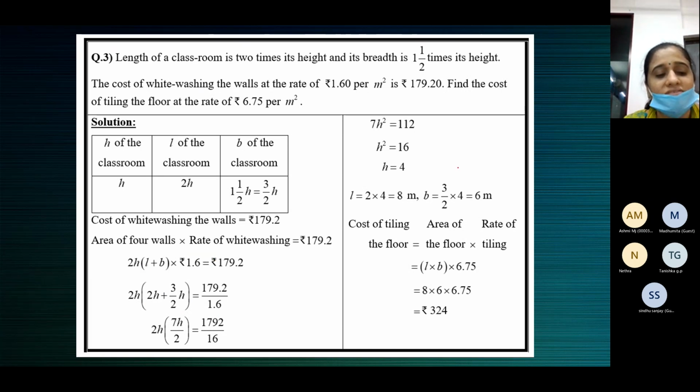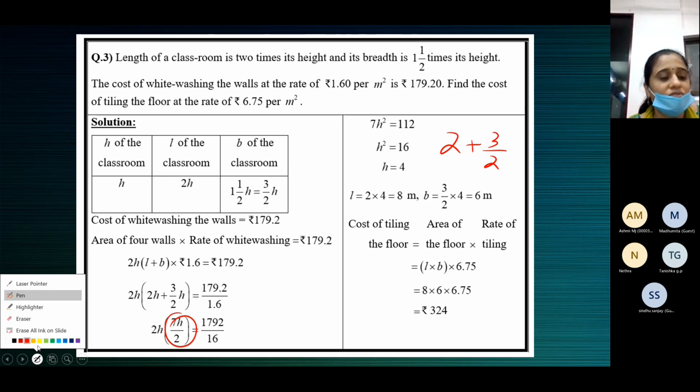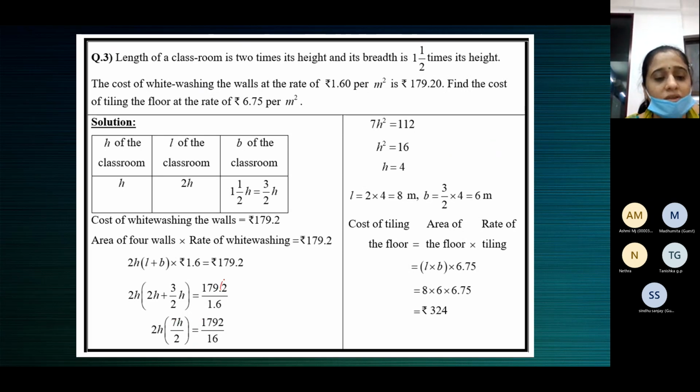Now when you take the LCM, 2 plus 3 by 2 gives 4 plus 3, 7 by 2. So 7 by 2 h or 7h by 2 is equal to, shift the decimal point, 1 in the numerator, 1 in the denominator, so it becomes 1792 by 16.